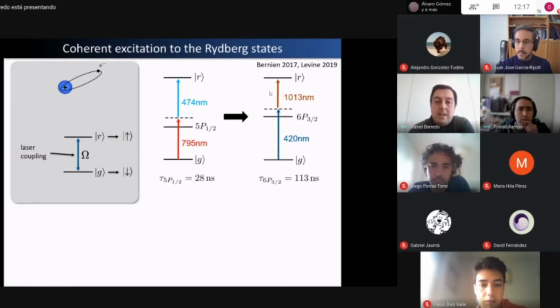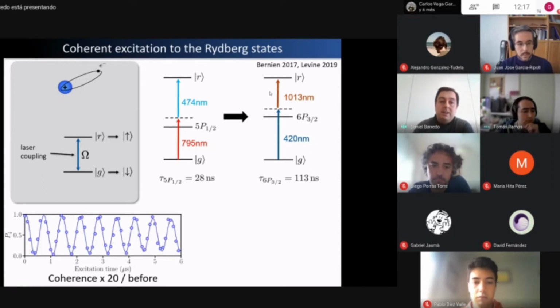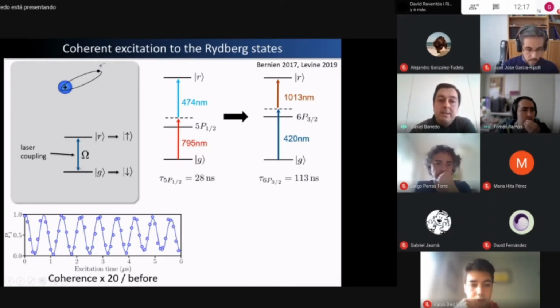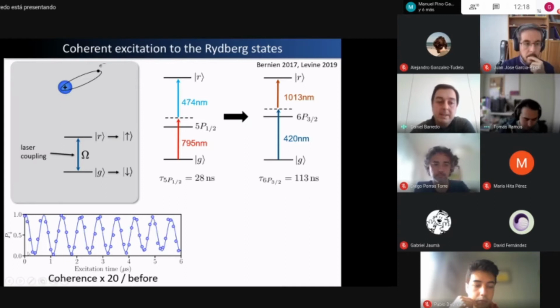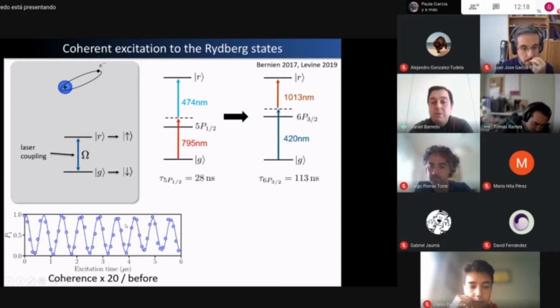All right, and with this you can forget about the details, and basically you can imagine that you have an atom with two levels, the ground and the Rydberg level, that are coupled by a laser field with Rabi frequency omega, and then you can drive basically Rabi oscillations between the ground state and the Rydberg state, as you see here, where we have improved the coherence time by a factor of 20 with respect to the experiments that we used to do before with the old excitation scheme.